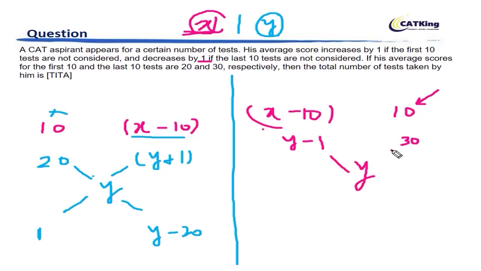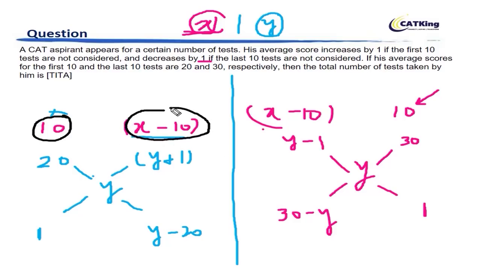Now again if we take the ratio, we can clearly see that it will be y minus 1, so 1, and it will be 30 minus y. Now you can see here that the ratio of 10 to x minus 10 will be a constant.